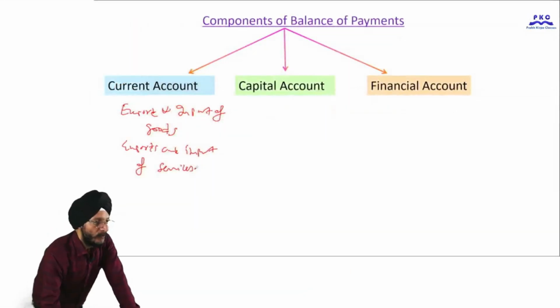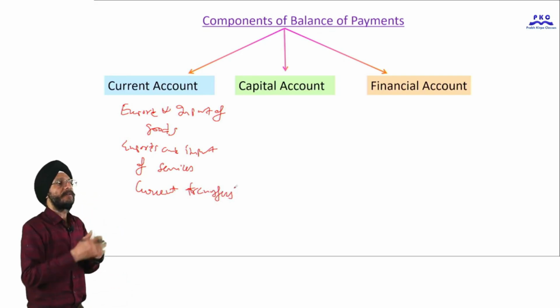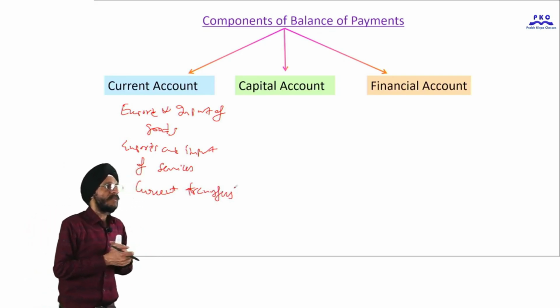Then we take into account here current transfers, that is one-sided transfers in the form of aid or grants.